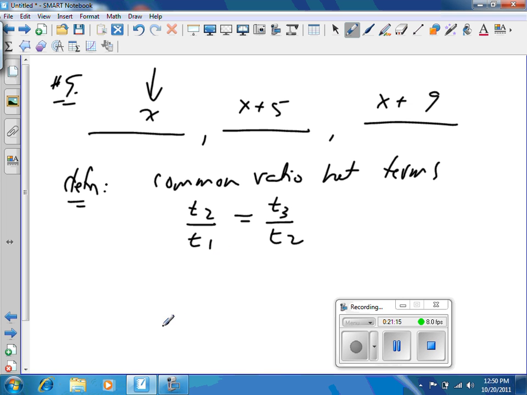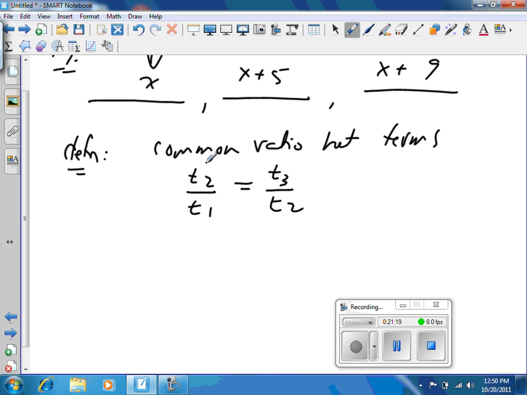Now, do you know what to do? Take the ratio of term 2 to term 1 and equate it to term 3 to term 2. Now we're back in grade 10.